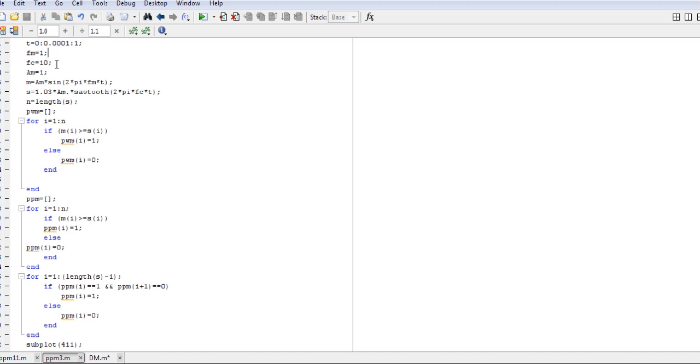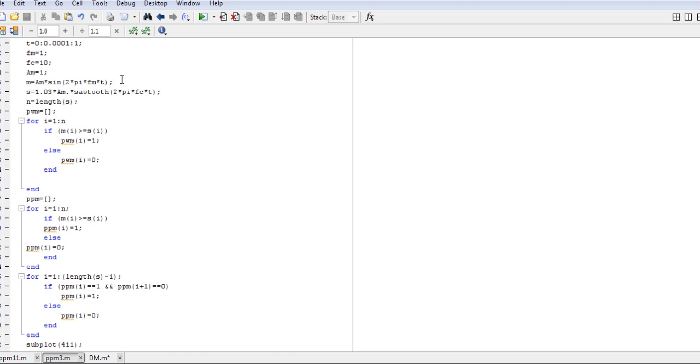The carrier frequency, or the frequency of the sawtooth wave, is 10. AM is the maximum amplitude of the baseband signal. M is the baseband signal, AM sin omega t. S is the sawtooth signal.